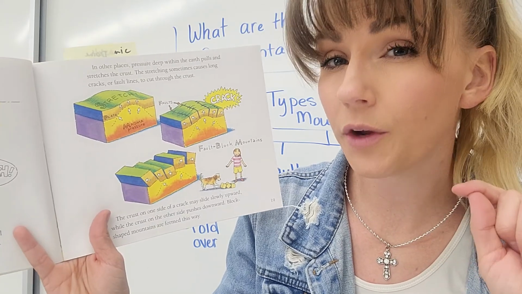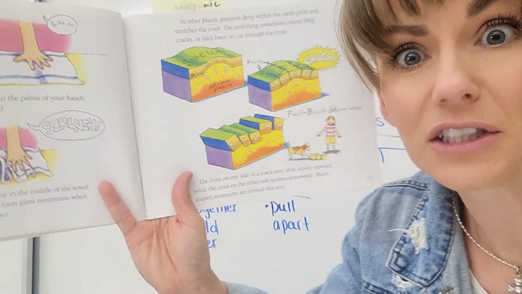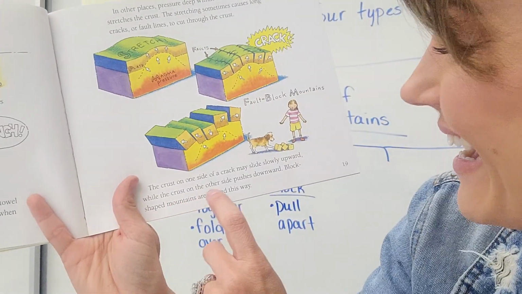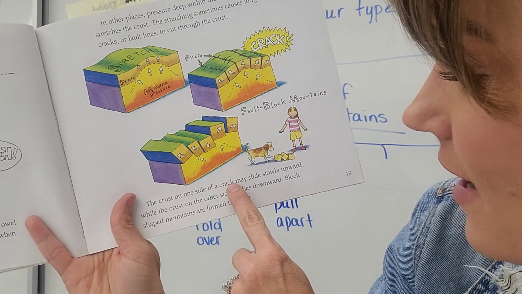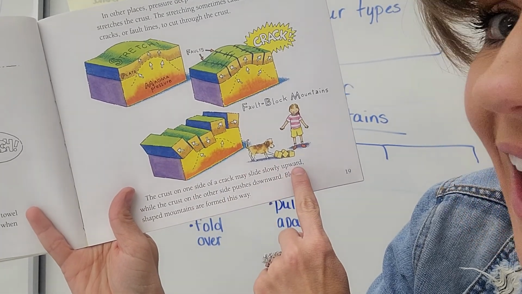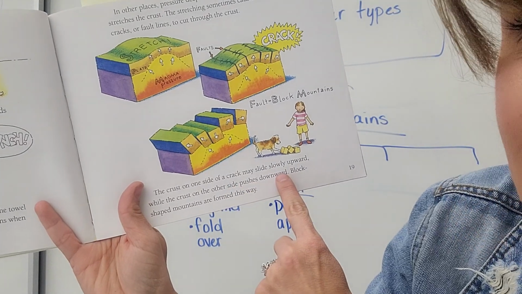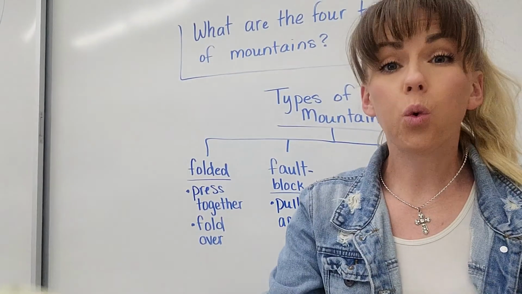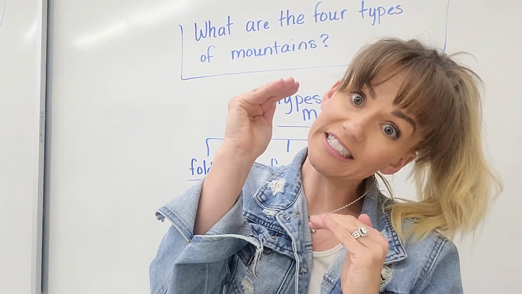We're going to write down one more thing about fault block mountains. I'm going to get real close to the camera. Don't get scared. It says, the crust on one side of a crack may slide slowly up, while the other slides slowly down. So one side goes up, one side goes down.